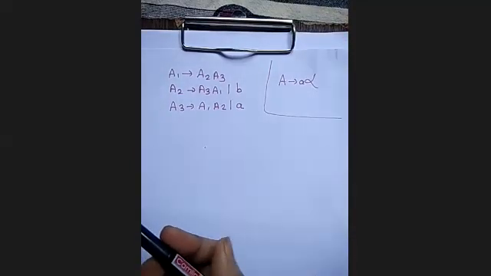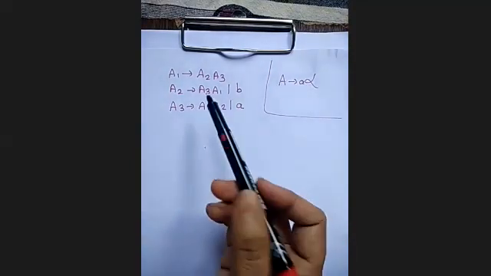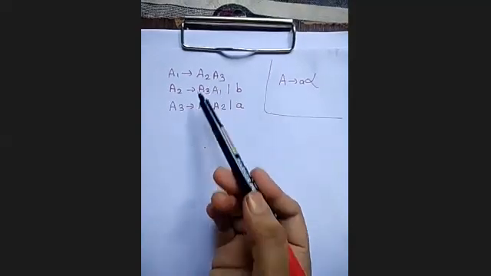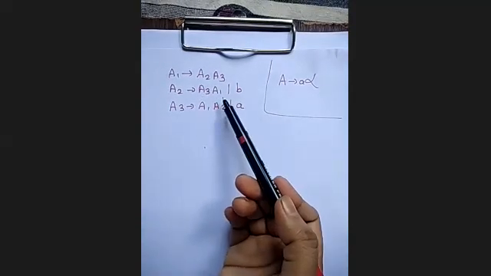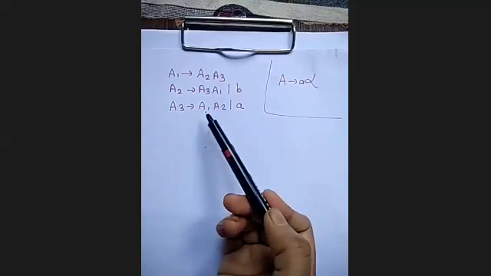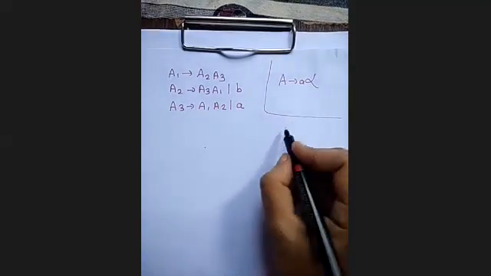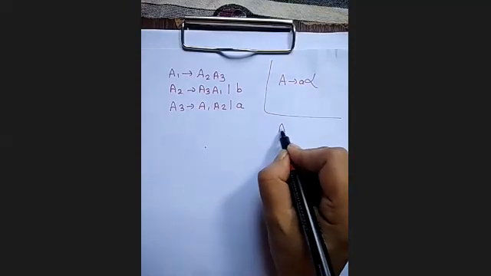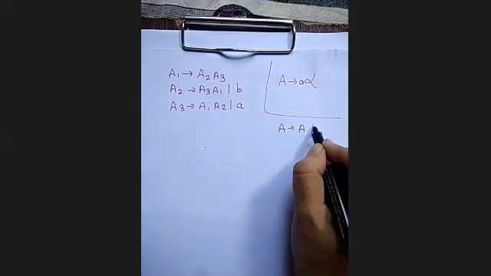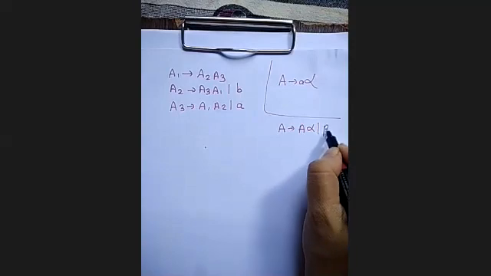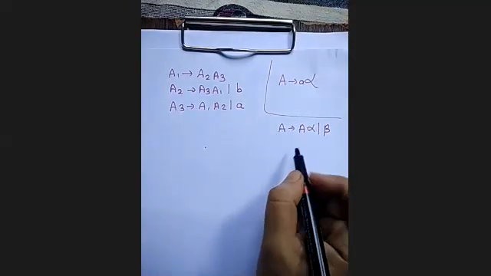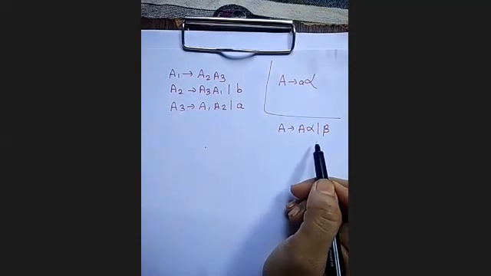So what is to be done now? If I substitute A2 here, still it starts with non-terminals, here also a non-terminal. So listen now, we'll try to bring the productions into this format. I'll explain the rules here. This is known as a left recursive grammar.